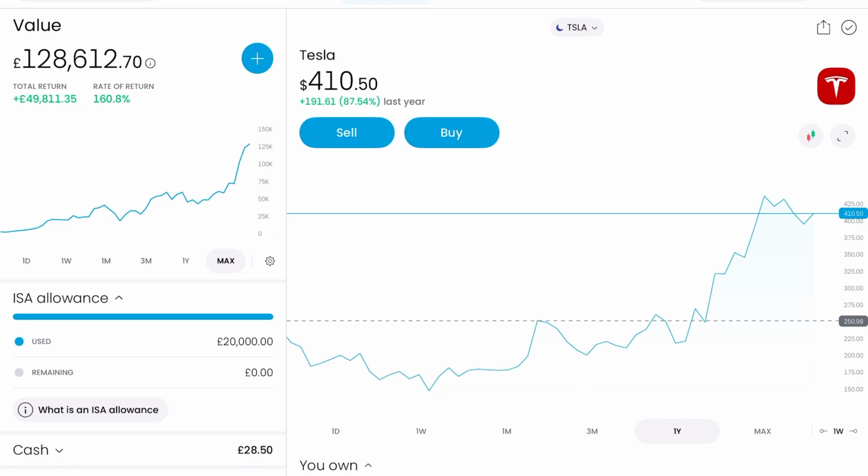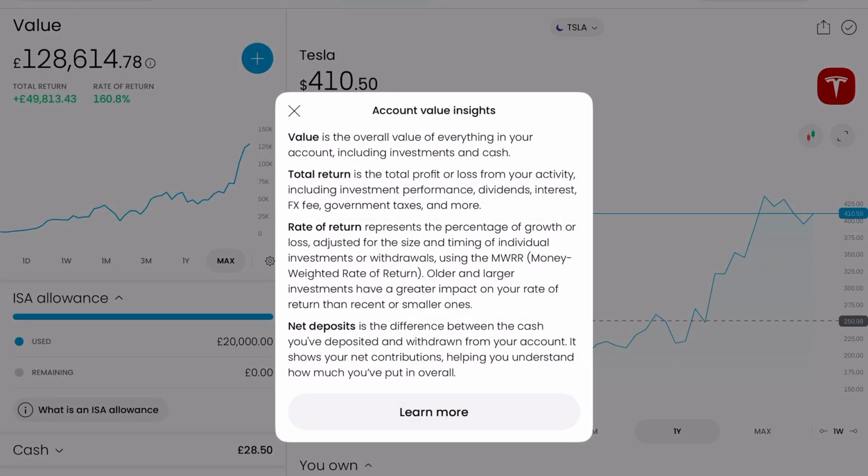If you click on it, it will tell you that it's based off the time that you put in the money, as well as the return. So you have the total return and you have the rate of return, which is the percentage growth. But it's saying it's adjusting for the size of the amount and the timing of the investments.